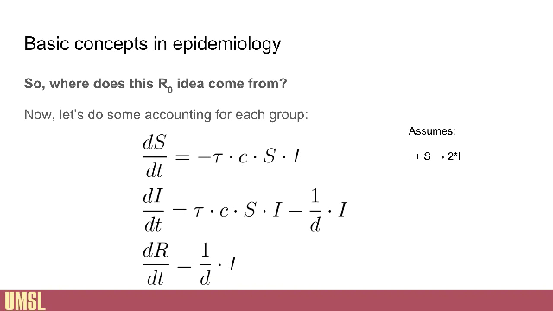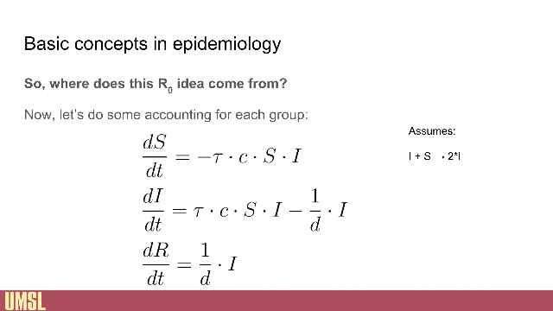And so what I've set up here is a system of differential equations. I don't know if any of you have seen this in calculus, but it gets easier in just a second. So the idea here is that we're just accounting for what's moving out of one population into another, right?